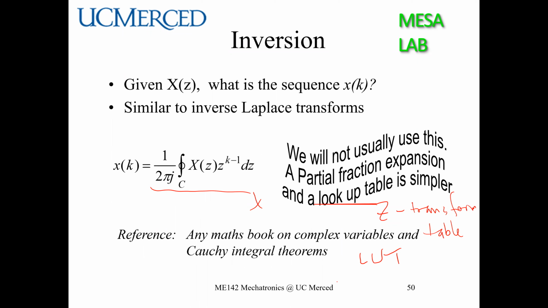To use the lookup table, you probably will bring X of z into a format using what we did called PFE, partial fraction expansion. Then we're going to have an example after this, okay? So we just learned the Z transform: given x of k, how you get X of z, and similarly, given X of z, how to get x of k is the inverse Z transform.